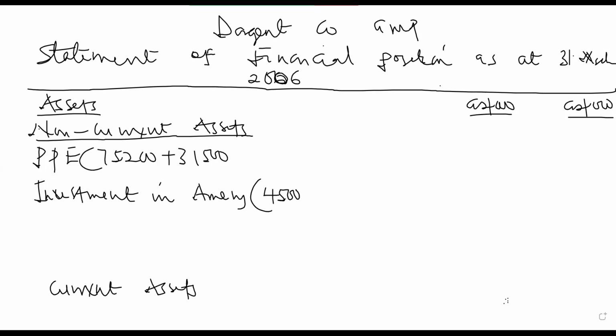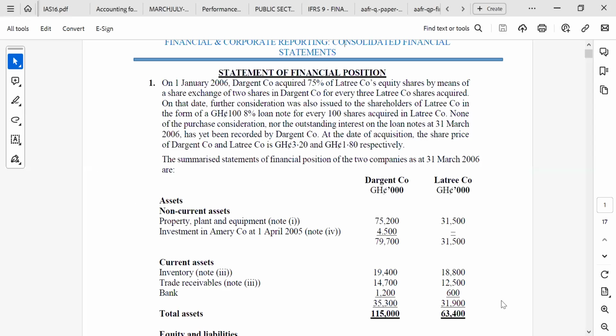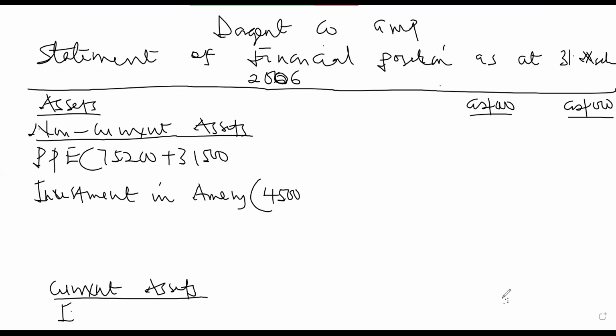So the current asset, let's see. We have inventory. What is the value? 19,400, plus what? 18,800. Let's go to the next one. The next asset is what?